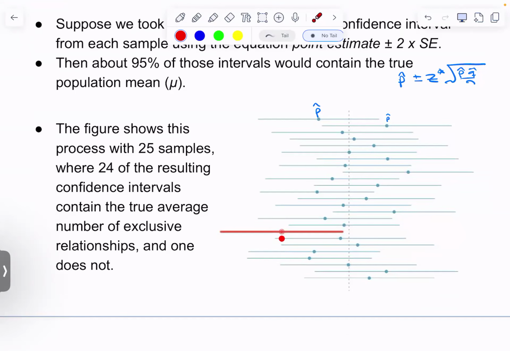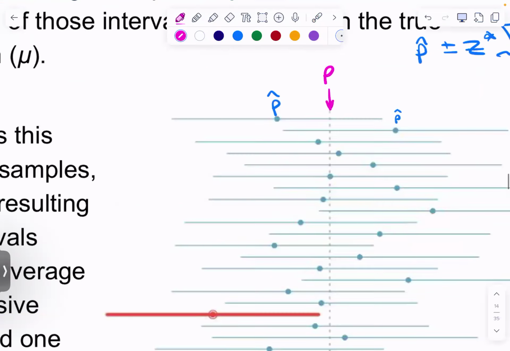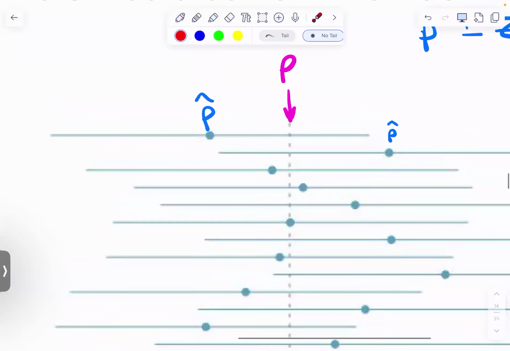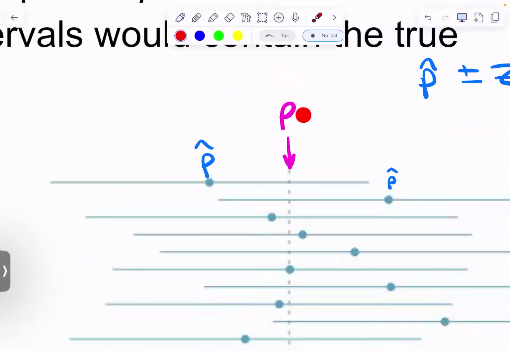Now, out of 25 different samples, 24 of them will capture this population proportion at this faint line here. So here, this population proportion exists. We don't know what it is. And so 95% of these confidence intervals will capture the p.